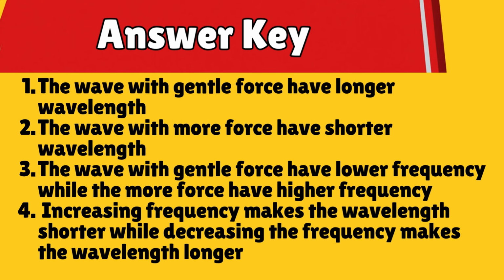Number 3. The wave with gentle force has lower frequency, while the one with more force has higher frequency. So from our activity, we learned that when we apply low energy or gentle force, it has lower frequency. But if we apply more force, the result is higher frequency.